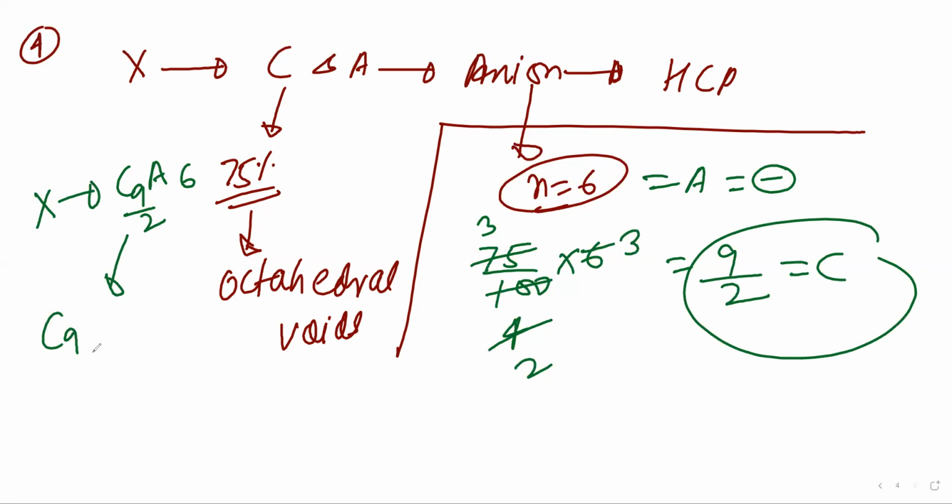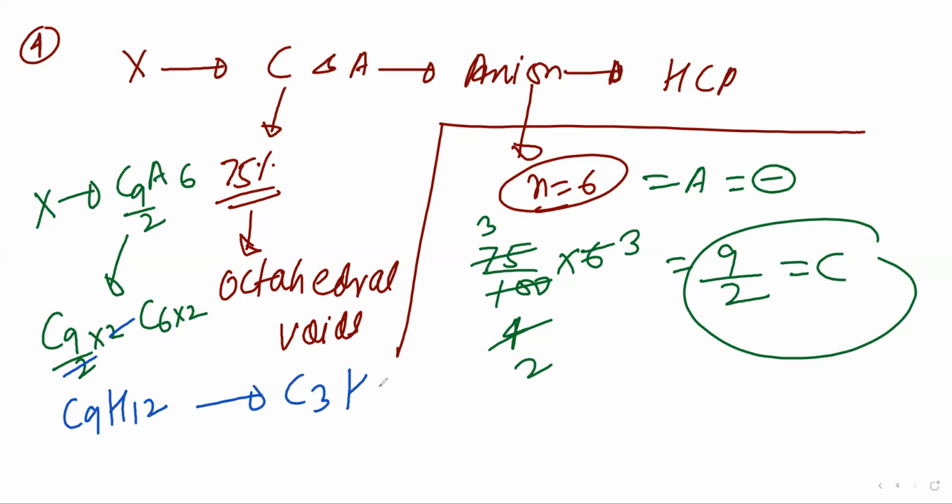So it will be 9 by 2 into 2, 6 into 2. This 2 and 2 will get cancelled. So it will be C9A12, right? You can also simplify by dividing by 3. So it will be C3A4, right? After dividing by 3. So this will be the final answer.